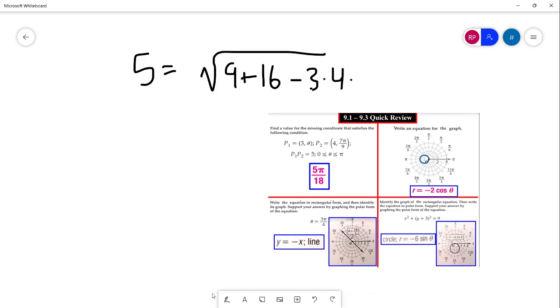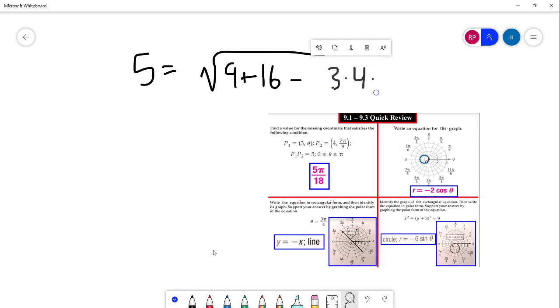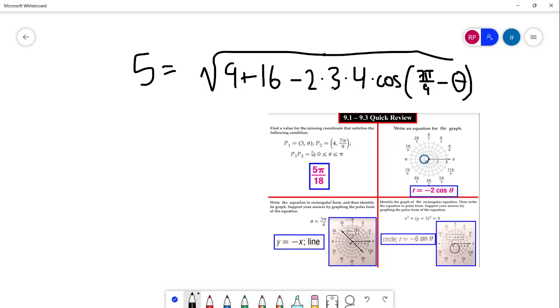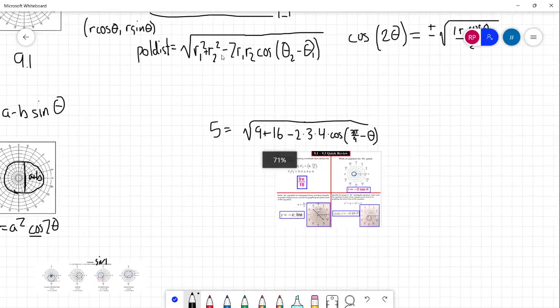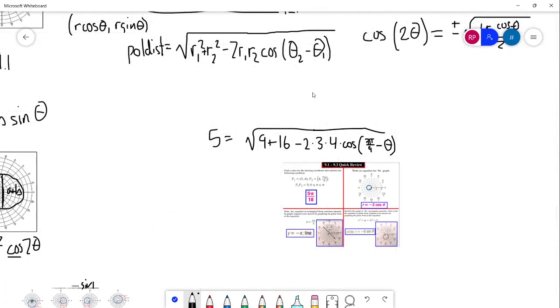Oh, wait, I wonder if I can use the lasso here. Oh, that was sneaky. And then times cosine of theta 2, which is going to be 7 pi over 9 minus theta. So we've set that equation up right. Let's make sure. Yeah, I think that is right.